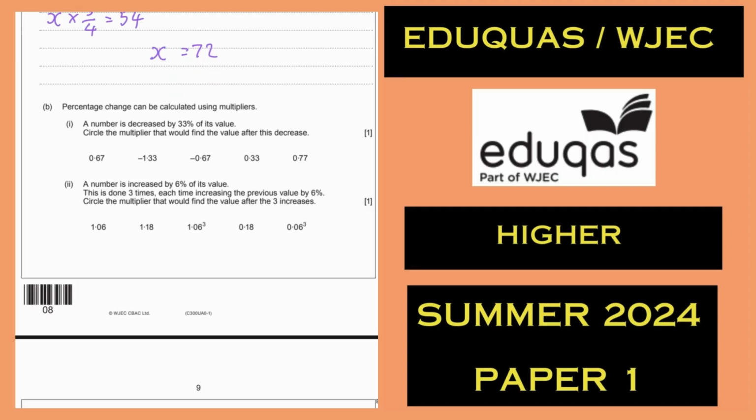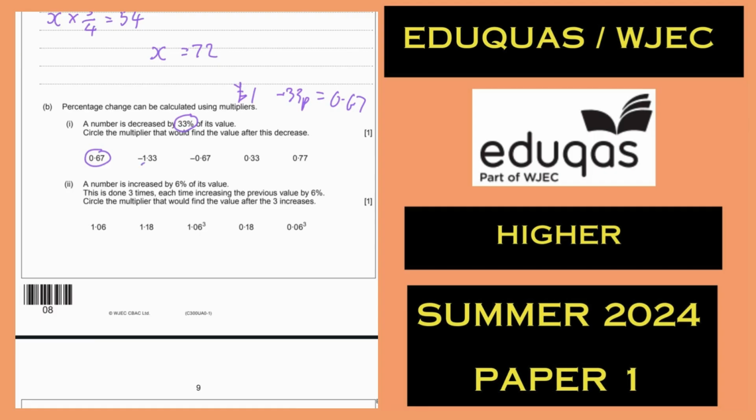Part B, I'm a big believer in thinking of percent and pence as the same thing. So if you're trying to decrease something by 33%, take 33 pence away from a pound. That gives you your multiplier, so 0.67.